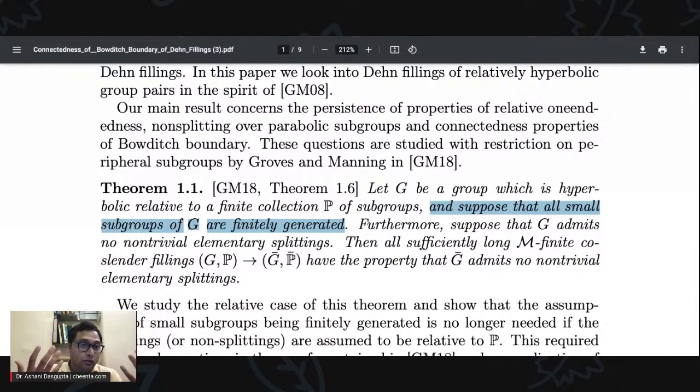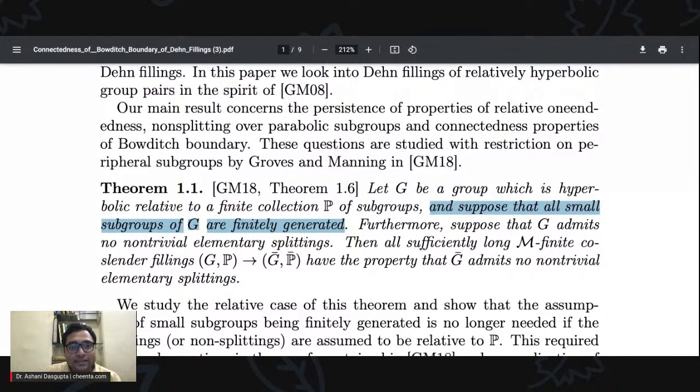This is a type of restriction on the hypothesis. Under this restriction, Groves and Manning could show that if the original group did not have a factorization, the filled in group also will not have a factorization.